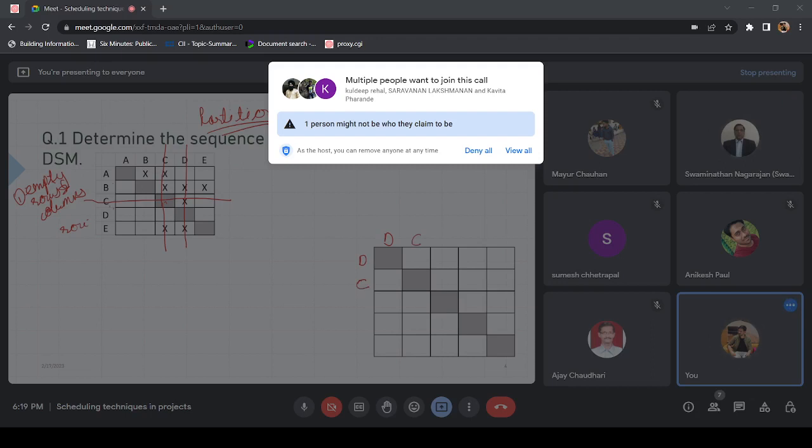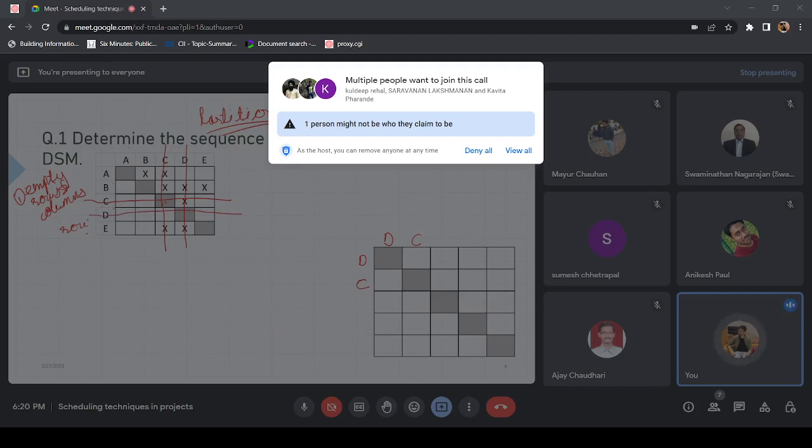Now, in this case, we could have moved on to anything, like one empty row, one empty column, or first we check for empty rows, or first we check for empty columns, or anything alternative. We have removed D also, no? So, let's try with empty columns.